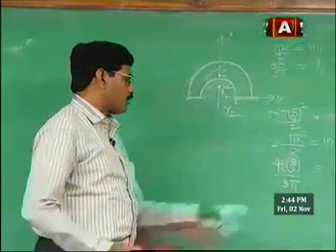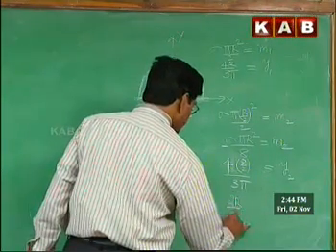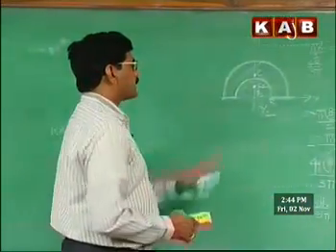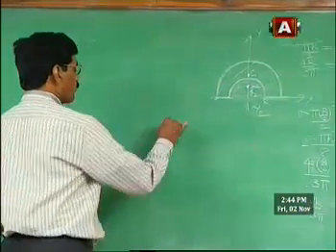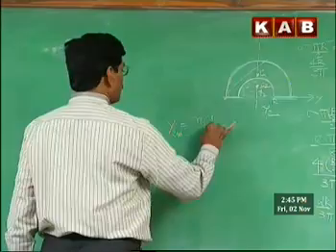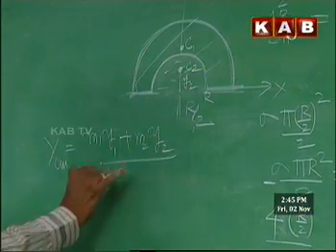Therefore 4 into r by 2 by 3 pi, that is equal to 2r by 3 pi for this y2. Then we are replacing the disks by the respective masses. Therefore the y coordinate now becomes m1 y1 plus m2 y2 divided by m1 plus m2.